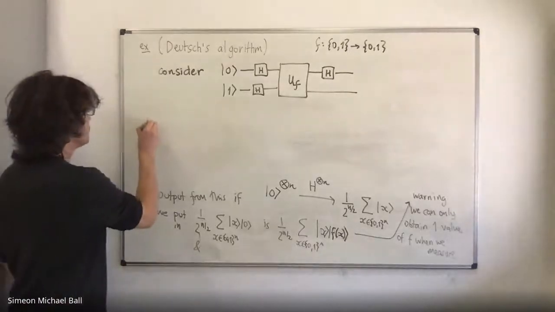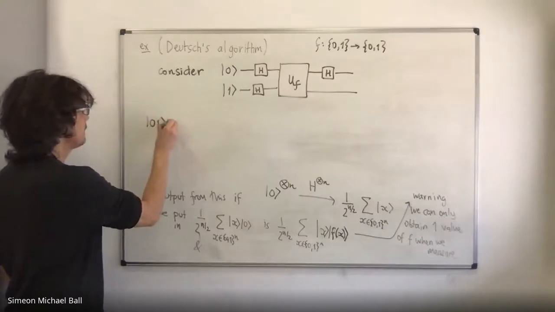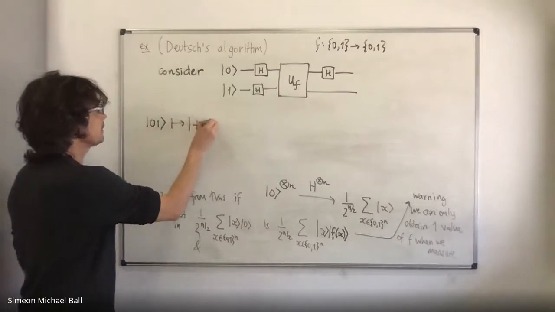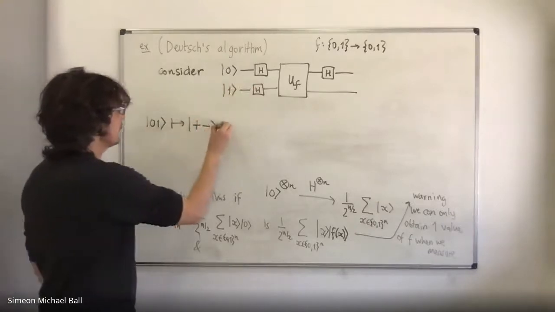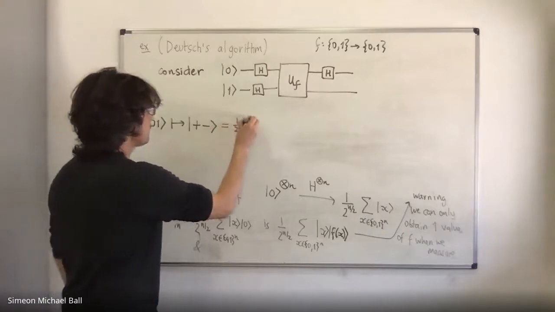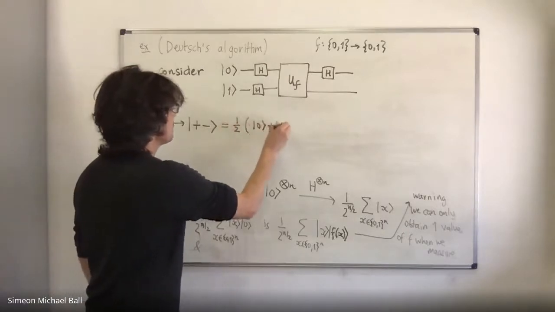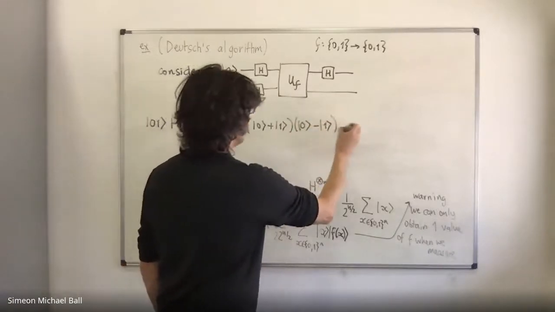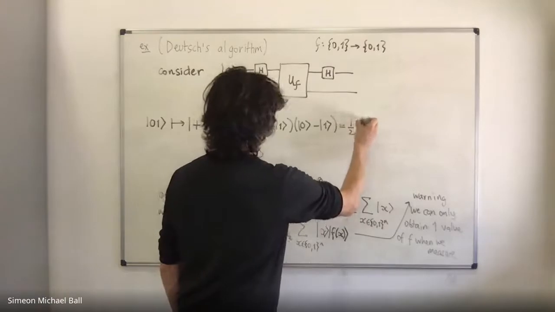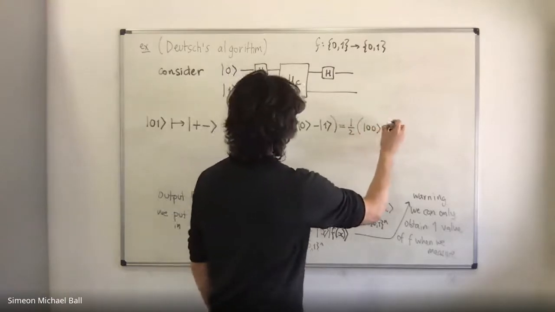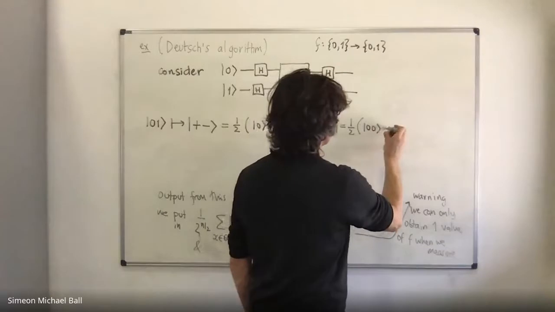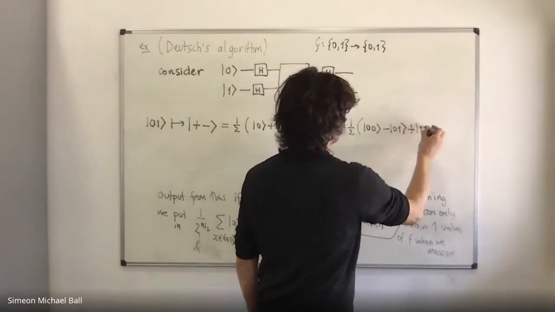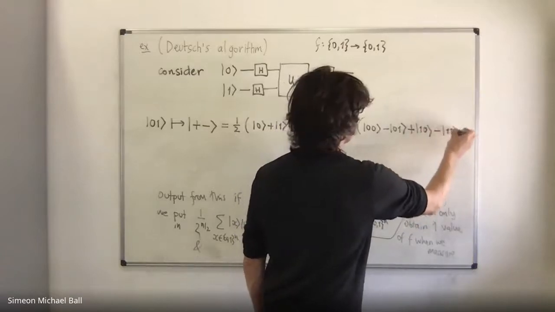So we start off with 0, 1, and we apply H to the first one and H to the second one. So this is the two Hadamards, and this is half times 0 plus 1, 0 minus 1, which is equal to 0, 0 minus 0, 1 plus 1, 0 minus 1, 1.